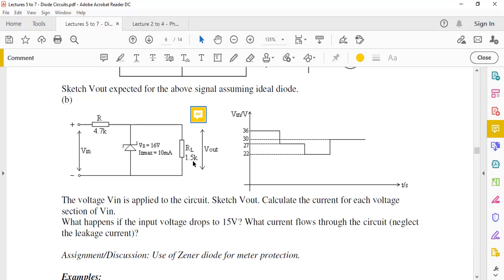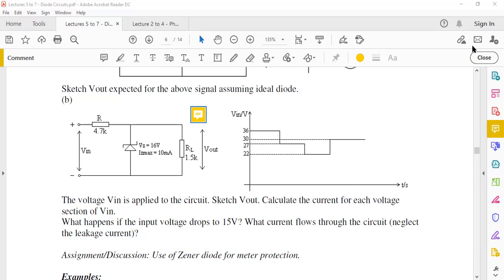So in this situation here, you can see your RL is 1.5K. So if you want to calculate for the maximum voltage, you have 36 volts. To calculate what you would get across RL, you would take 1.5 divided by 4.7 plus 1.5, a simple voltage divider equation, multiply this by 36, and you're getting 8.8 volts.